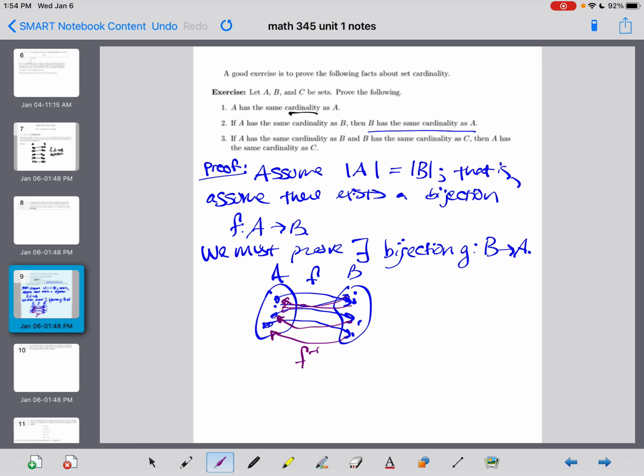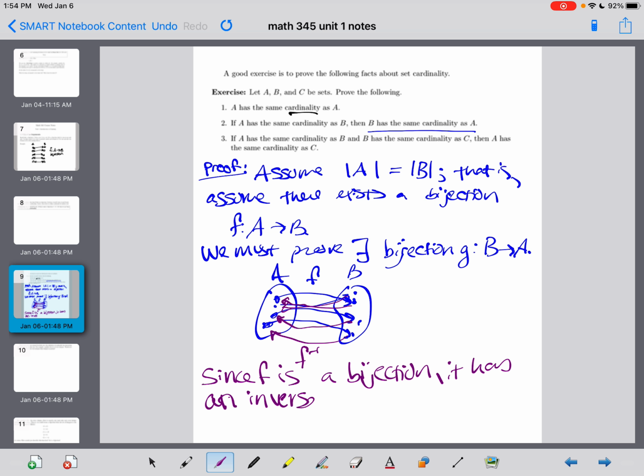And so, since f is a bijection, it has an inverse function f inverse that goes from B to A. And furthermore, that inverse function itself is guaranteed to also be a bijection as long as f is a bijection.